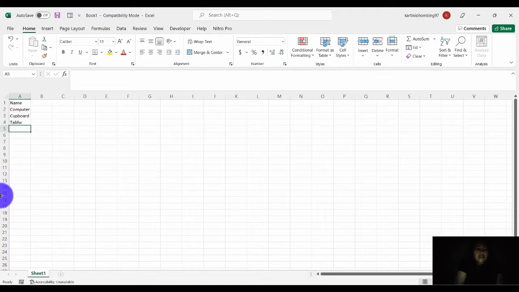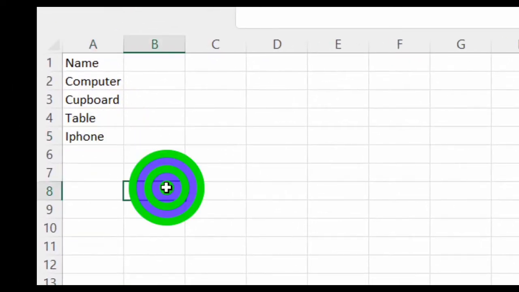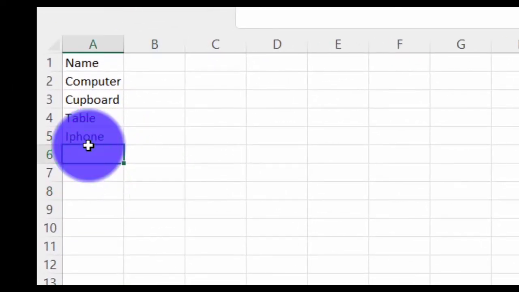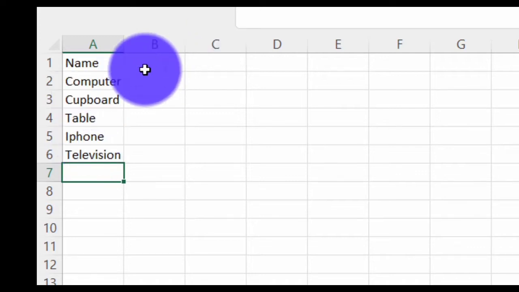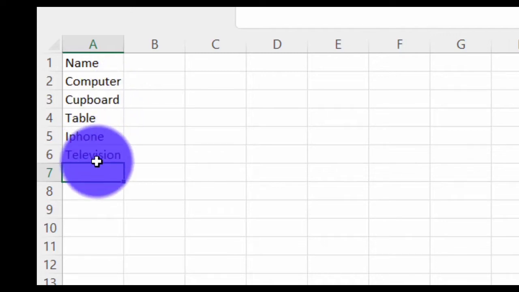And then iPhone, for example. And then television. Maybe these are the electronic things that you have. Ya, contohnya misalnya nama komputer, lemari, meja, iPhone, televisi.